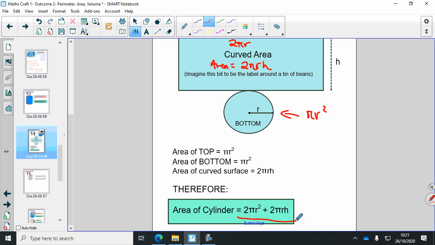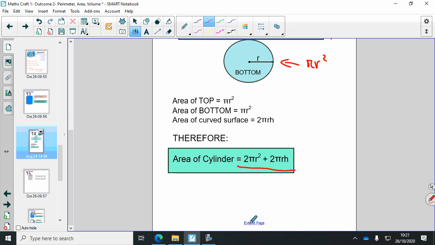Okay, it just depends. So just to reiterate, this bit here is the two circles, and this bit here is the curved part. Okay, so there's two separate bits of the formula there added together.